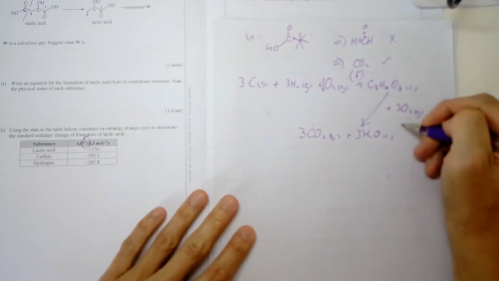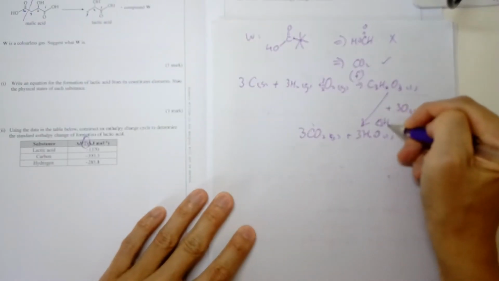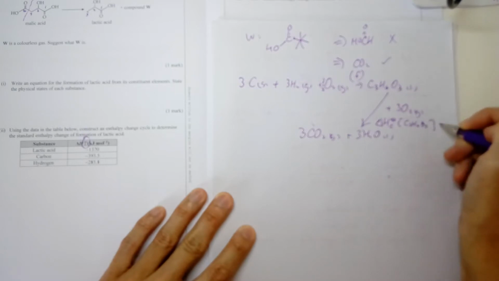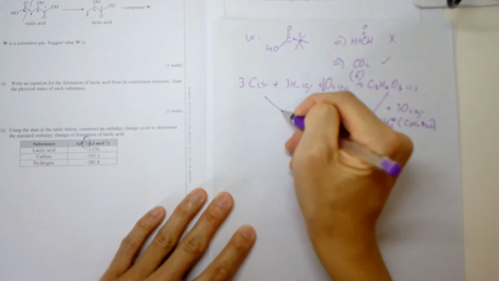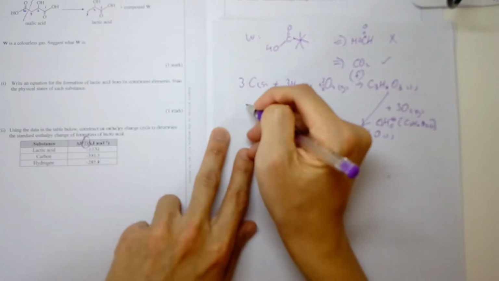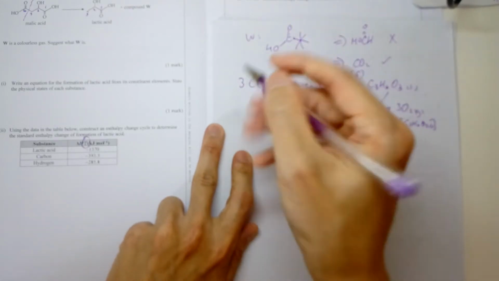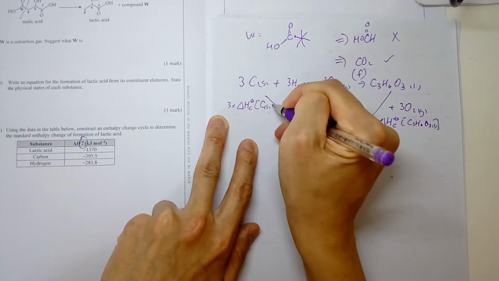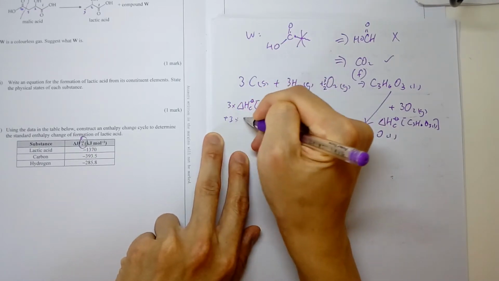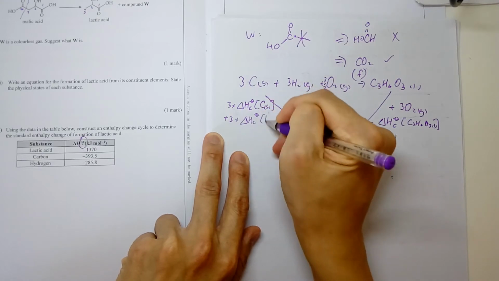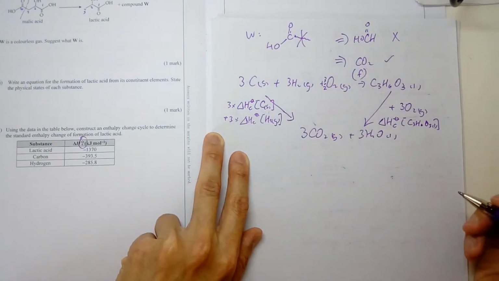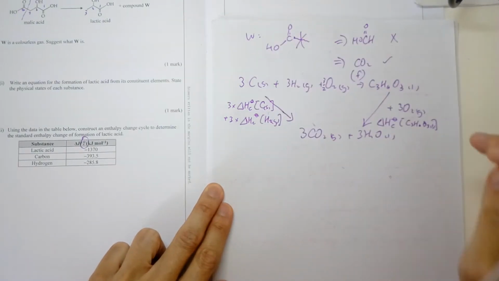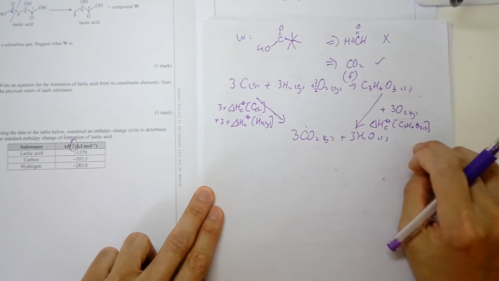And these two should be the combustion of carbon and hydrogen. Like this, okay? So this cycle will give you 2 marks.